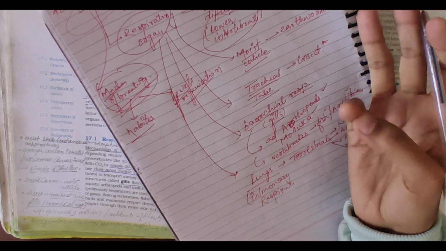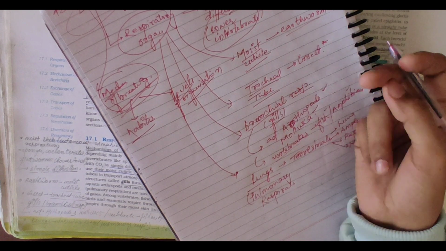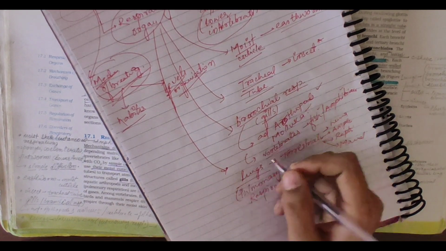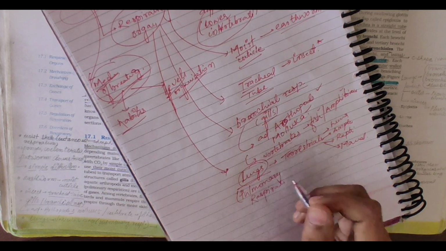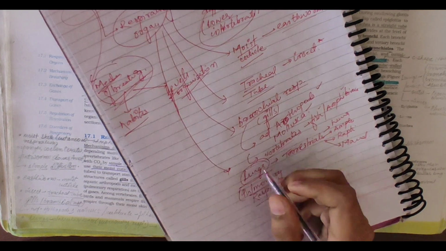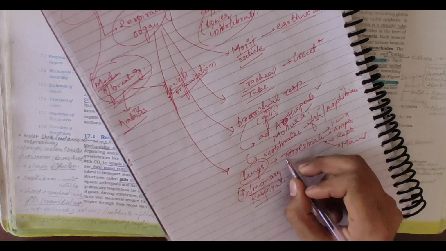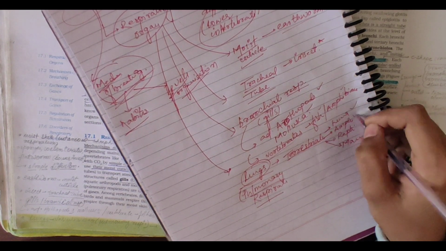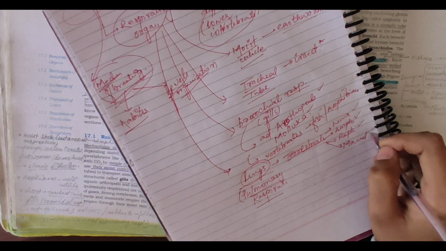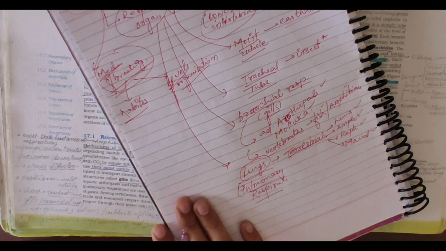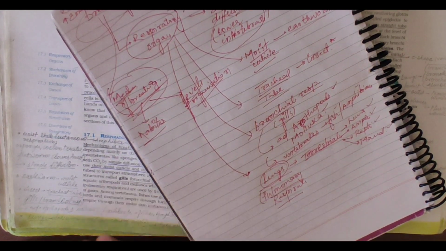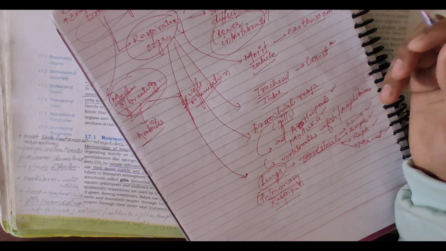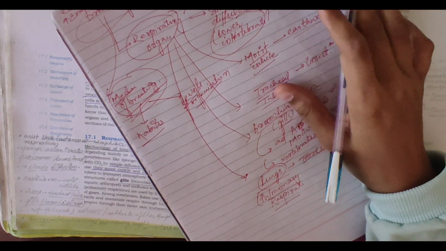Like we have another thing which is known as pulmonary respiration, which is lungs. This is seen in terrestrial organisms, which are human, amphibians, reptiles, and mammals. So this is all we have in this paragraph, which can come in your boards or in examinations, NEET, anything.